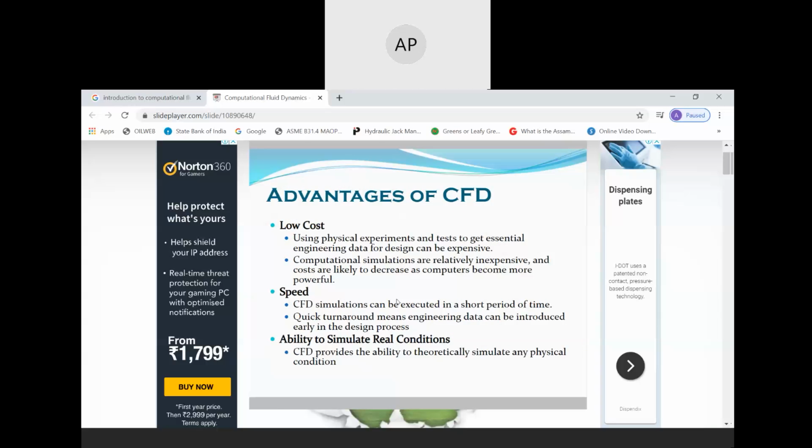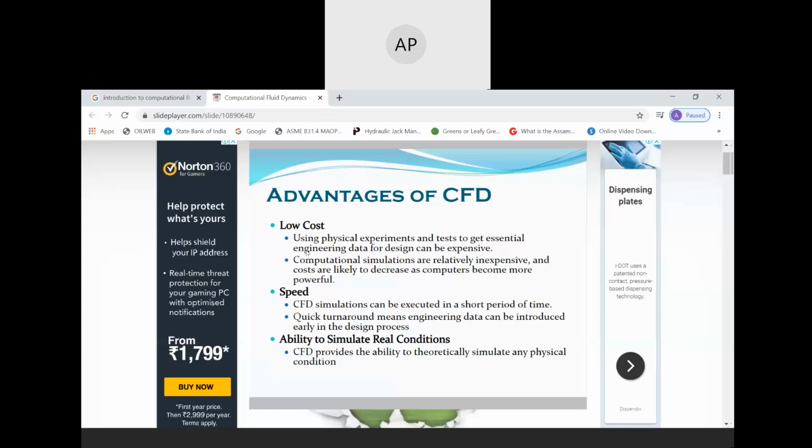Advantages of CFD. So let's see what the advantages are. It is low cost, speed, and the ability to simulate real conditions. In low cost, using physical experiments and tests to get essential engineering data for design can be expensive.